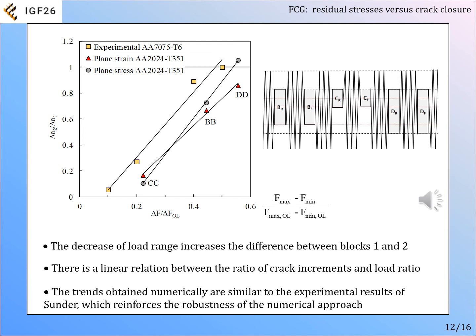The increase of load range decreases the difference between load blocks 1 and 2 because the ratio of crack increments approaches 1. There is an interesting linear relation between the two ratios. Besides, the comparison with experimental results obtained by Sand shows an interesting agreement which reinforces the robustness of the numerical approach.